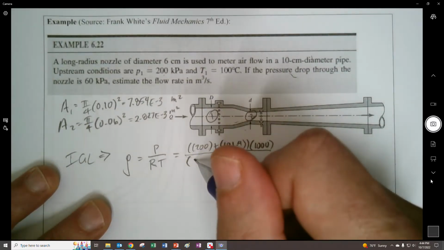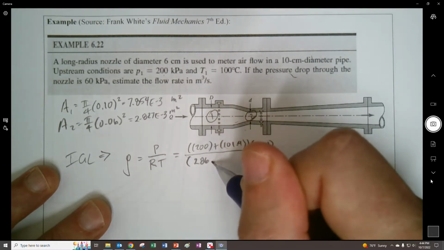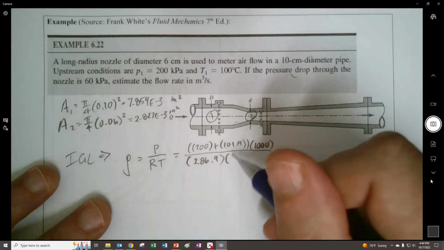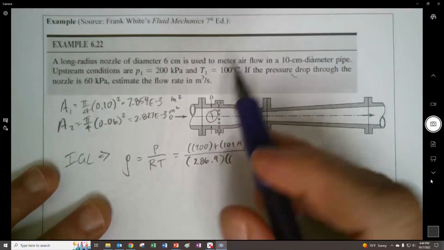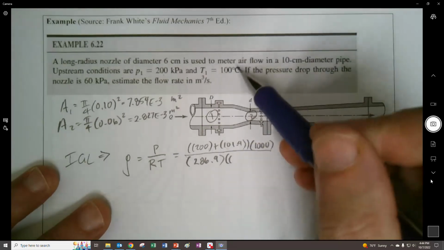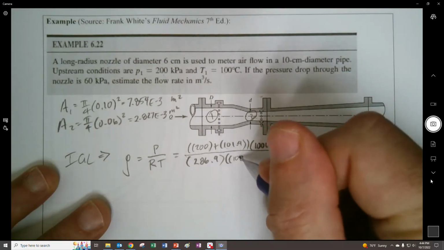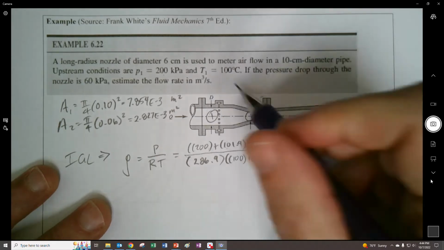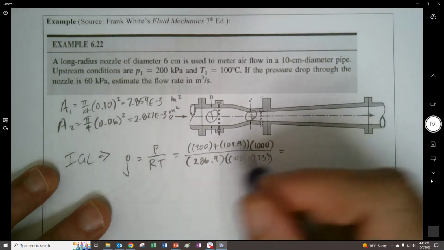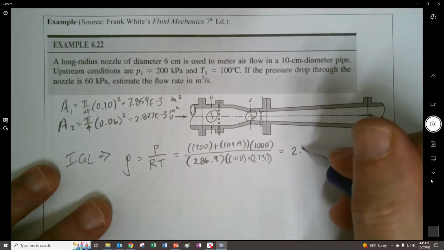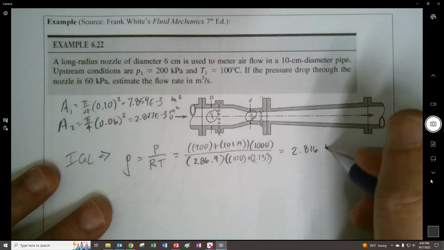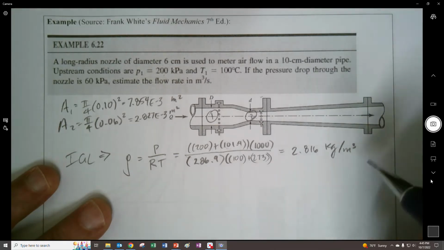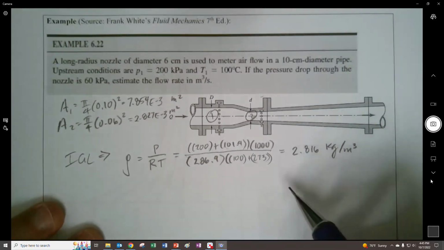I didn't write it down, but this is the gas constant, and make sure those units are compatible. The other thing to remember is that temperature has to be absolute too. So we need to add 273 to the 100 degrees Celsius to get it into Kelvin. You can trust me, all those units are going to work out to 2.816, but it's important to make sure the units work out. That should be kilograms per cubic meter.